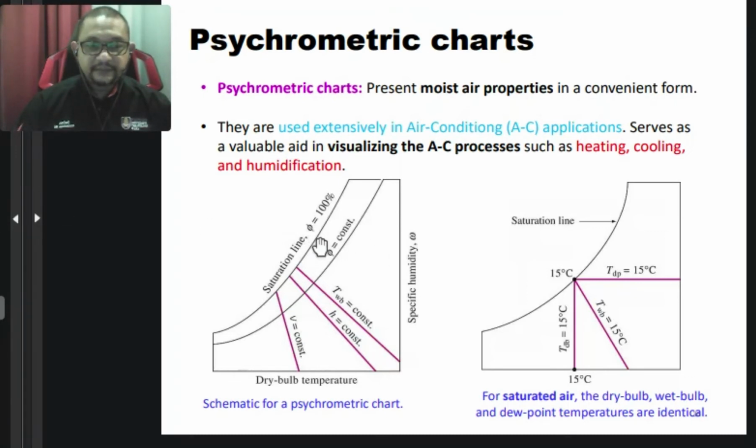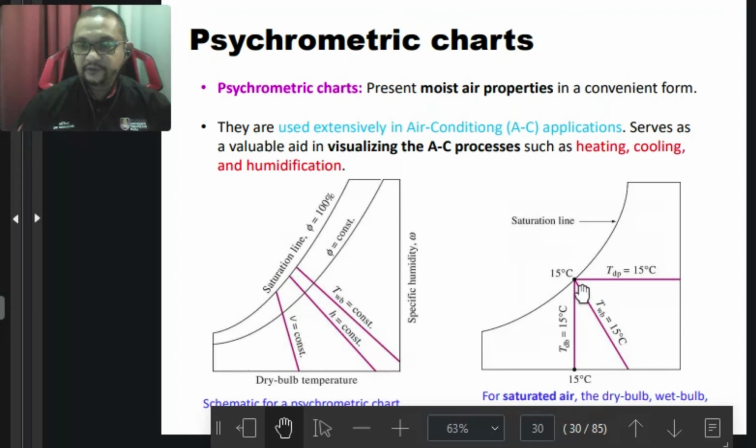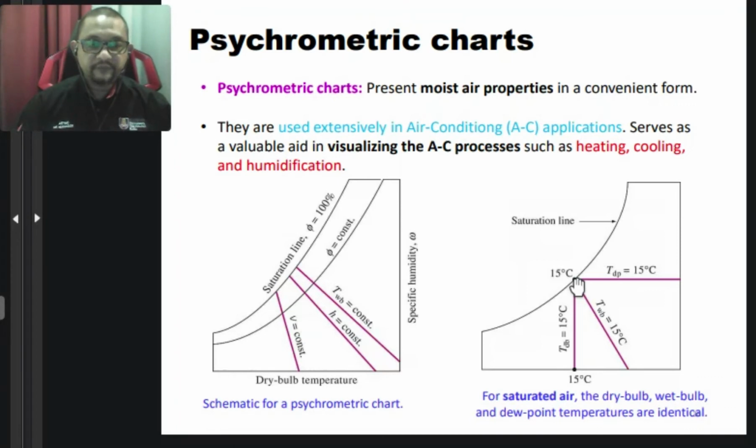The temperature value at the intersection point is the dew point temperature.